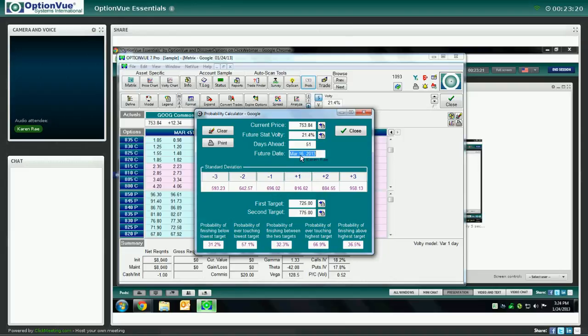So it's saying that between now and March 16th, the stock, Google stock, could go down as low as 696 and as high as 816. Those prices are going to be within a 68% probability of occurrence by mathematical definition. I didn't make it up.